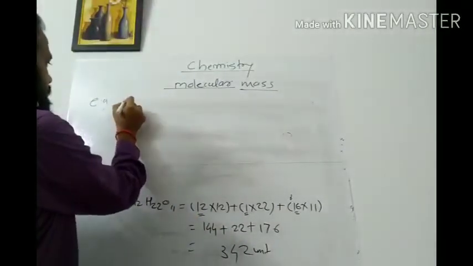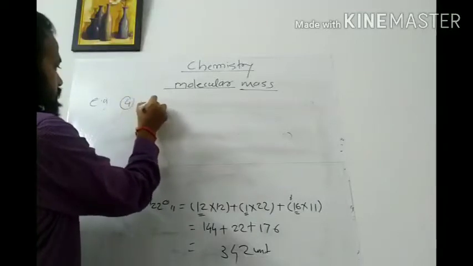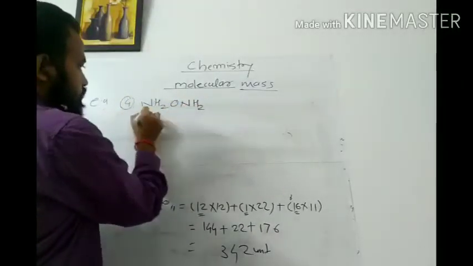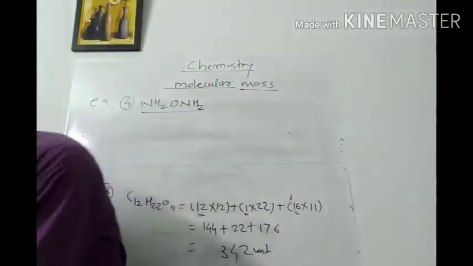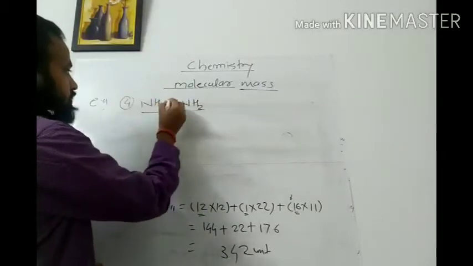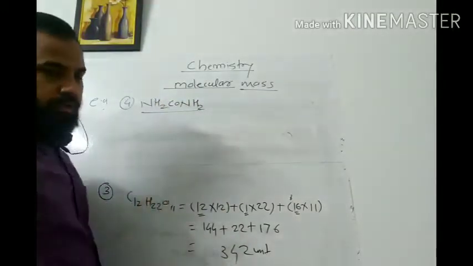Or let us say fourth number, NH2CONH2, that is urea. So it is CO NH2.